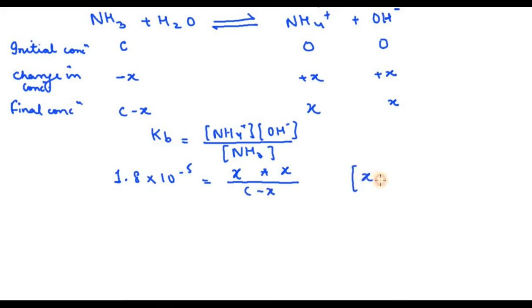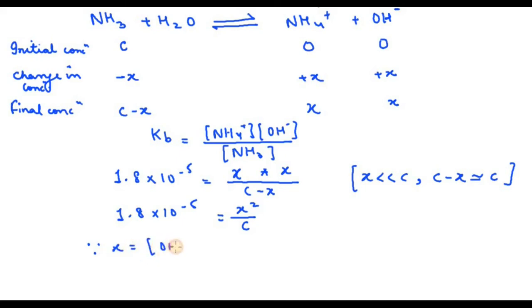Here x is very small as compared to C, so C minus x nearly equals C. So we could write it as 1.8 times 10 to the power minus 5 is equal to x square over C. Now as we can see here, x is equal to the concentration of OH minus, and the value of OH minus we have already calculated as 7.08 times 10 to the power minus 4 M. So let's put this value in the above equation.